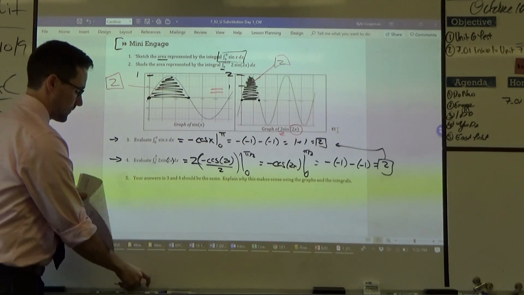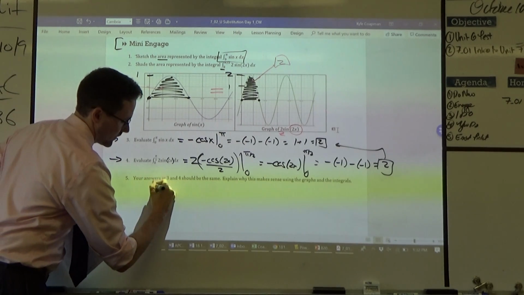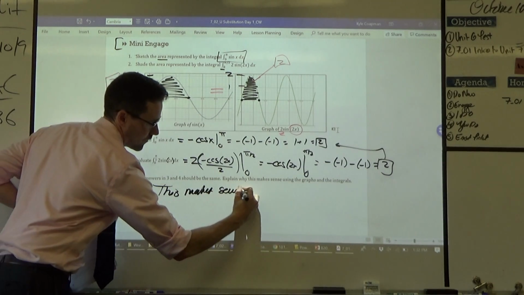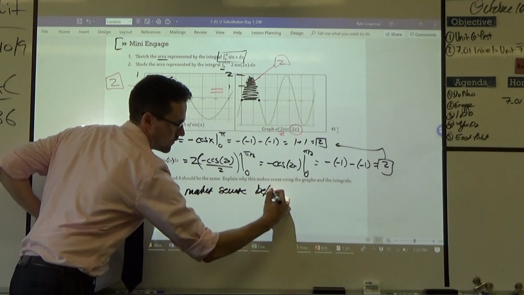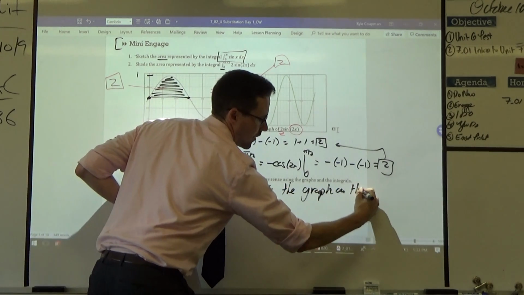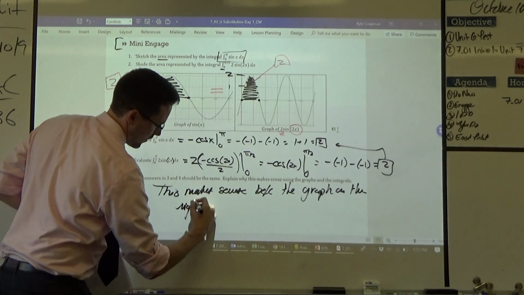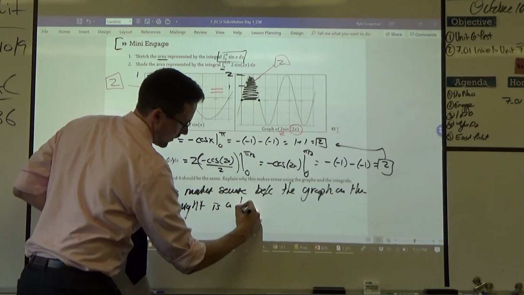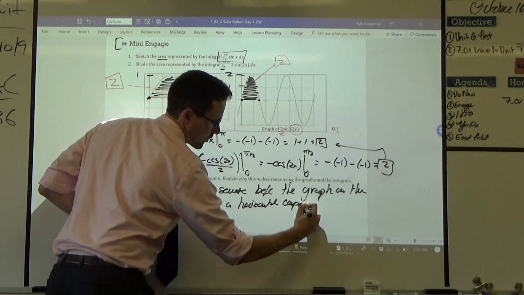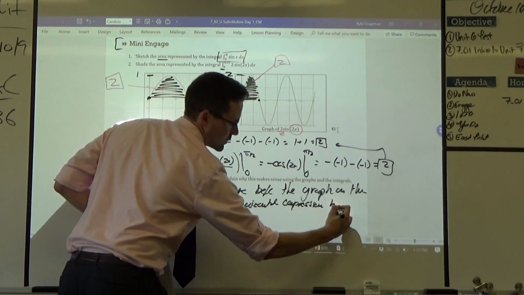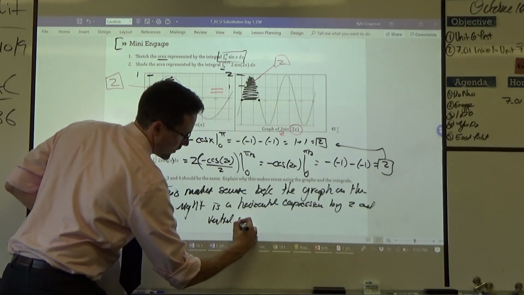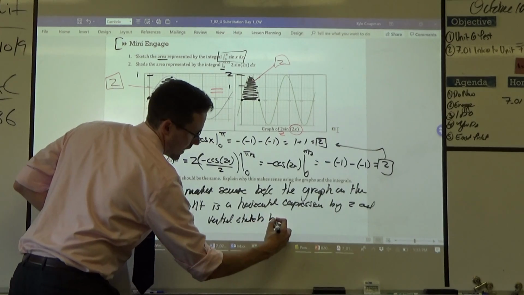So altogether, this makes sense because the graph on the right is a horizontal compression by 2 and a vertical stretch by 2.